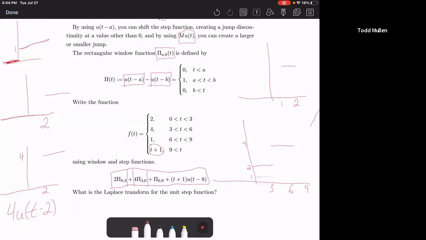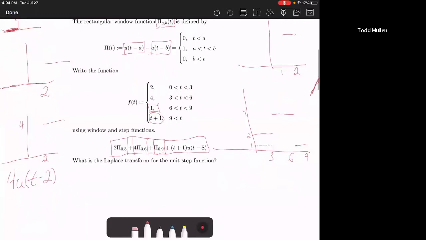It's way down here at 1, because it's 1 between 6 and 9. So we don't have to multiply that window function by anything. That's just pi of 6 to 9, meaning that window function starts at 6 and ends at 9. And then for everything beyond 9, it's t plus 1. So we just draw the line t plus 1 starting there, and it would go on for all values of t greater than 9.